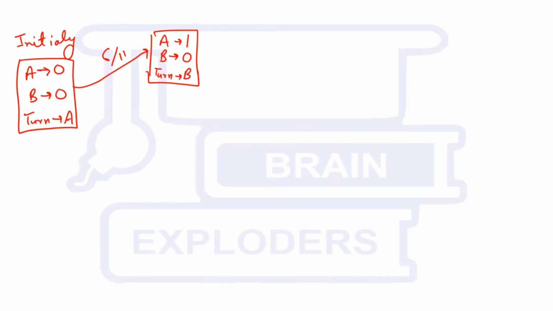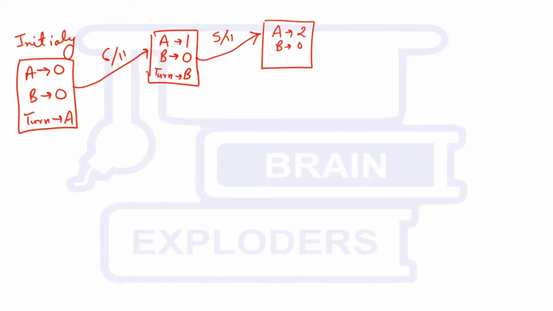Now since it's the turn of B, meaning B is starting the game, after this state there is a 5 by 11 probability that A will get a 6 before B and A will win the game.